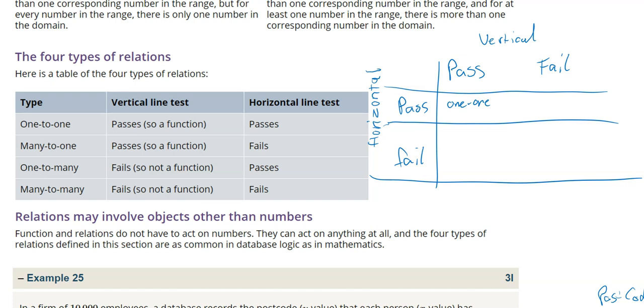Okay, horizontal. So vertical, horizontal. So if it passes the horizontal test but has failed the vertical line test, then it is a one-to-many. Obviously, if it fails both tests, it's many-to-many.